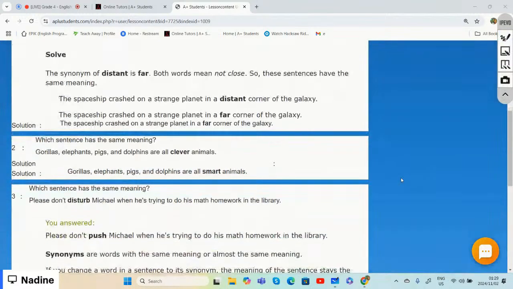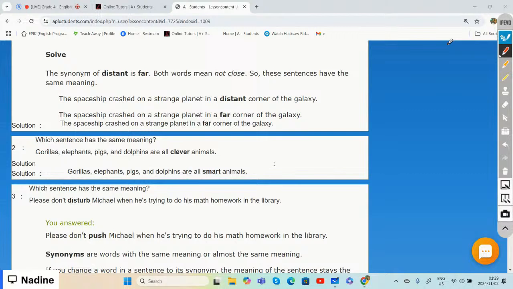Let's look at another one and then we are going on to our test. It says gorillas, elephants, pigs, and dolphins are all clever animals. What is another word for clever?